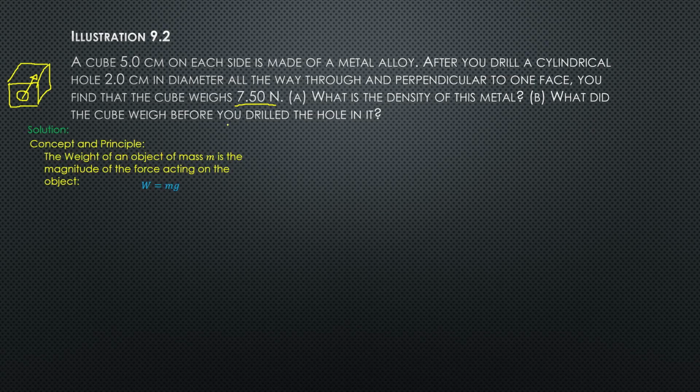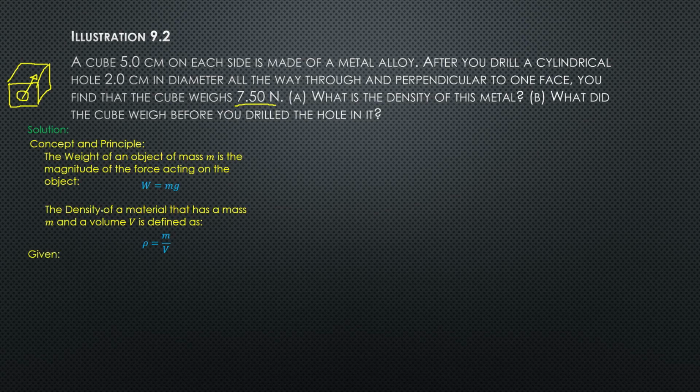So the concept and principle: the weight of an object of mass m is the magnitude of the force acting on the object, so that is the weight will be equal to mass multiplied by acceleration due to gravity. And the density of a material that has a mass m and a volume v is defined as density equals mass over volume.